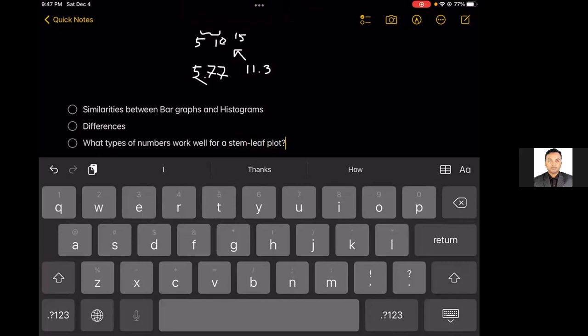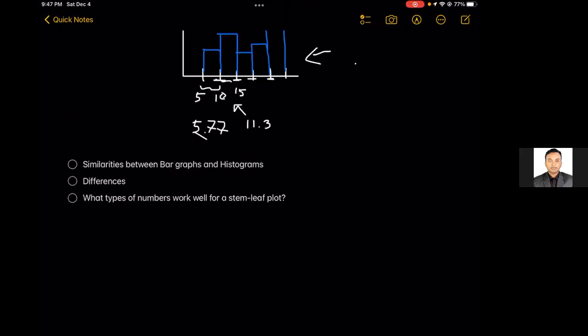I guess we have already answered this question, probably not thinking about it precisely. Can you guess? Pause this video, try to imagine. Okay. So if we have a stem plot, it works really well when it's spread out.